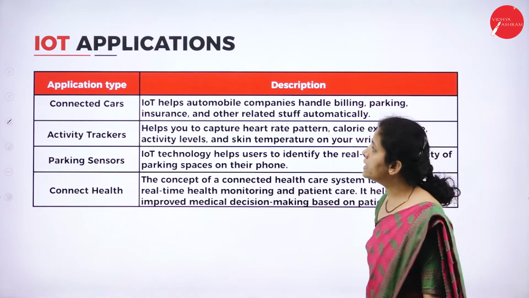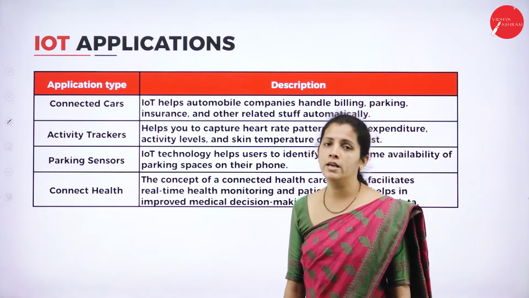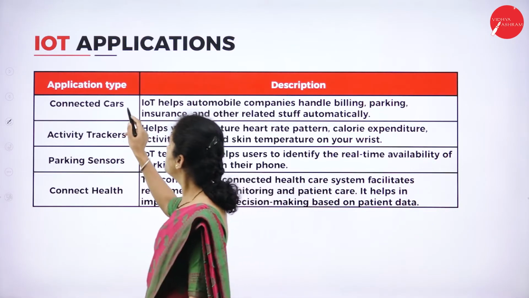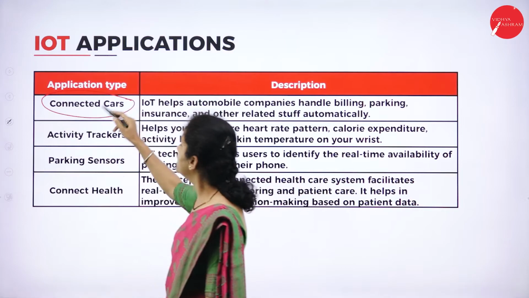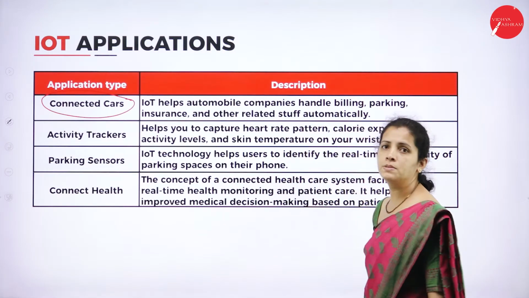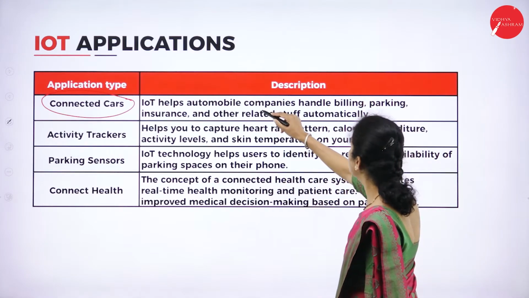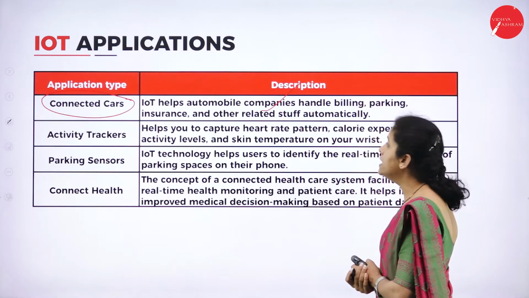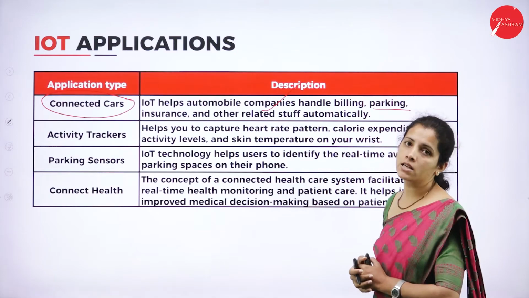Now, the applications of IoT. Here, IoT can be used in connected cars. That means IoT helps automobile companies handle billing, parking as well as insurance.